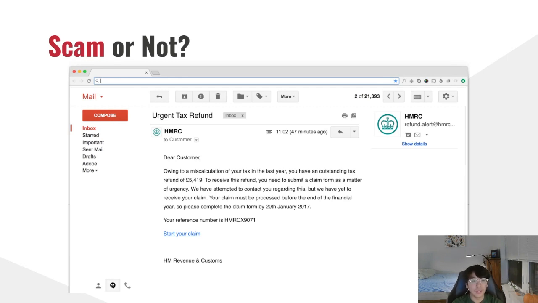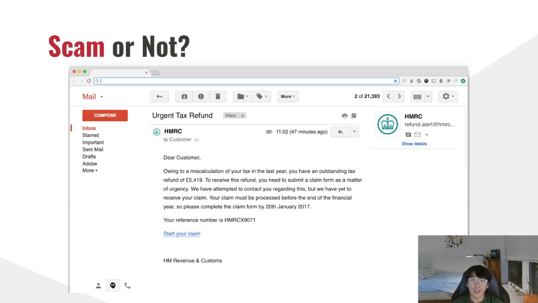Dear customer, owing to a miscalculation of your tax in the last year, you have an outstanding tax refund of £5,419. To receive this refund, you must claim urgently, but we have yet to receive your claim, and it's asking us to pay for an outstanding tax, a tax I have not paid before.